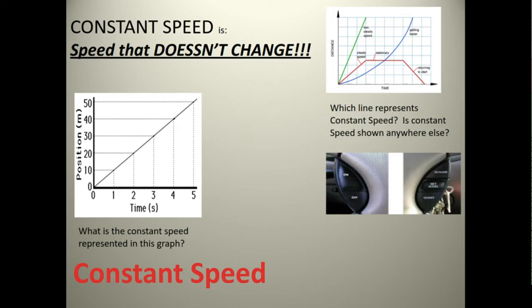So where would constant speed be needed? Well, one thing I could think of is driving a car. Cruise control. It's one of the features in all cars nowadays, where you get up to a certain speed, you hit the button, and it stays at that speed until you brake or you accelerate to change that speed.